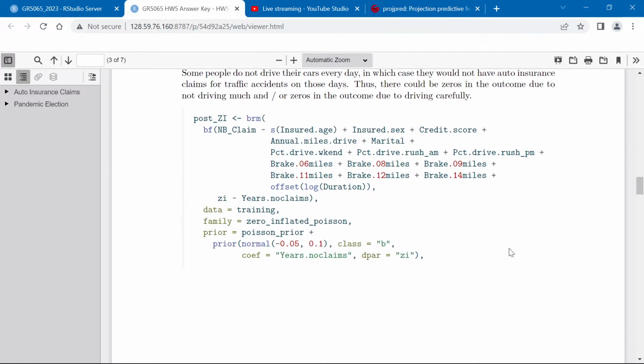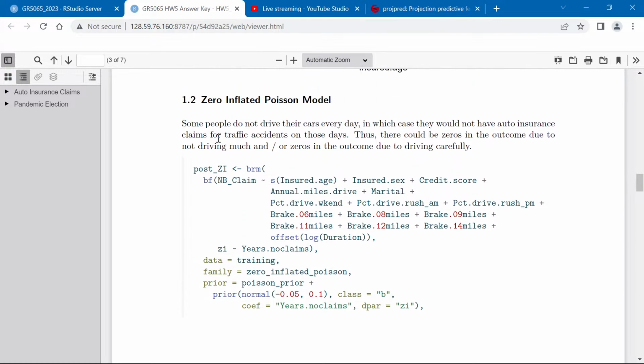But anyway, I think what you should have found, depending on what model you did, is that you don't really have a zero inflation problem in this situation, although there's plenty of reason to think that you might. Some people don't drive their cars every day. Maybe they only drive on weekends, or they walk to work, whatever.